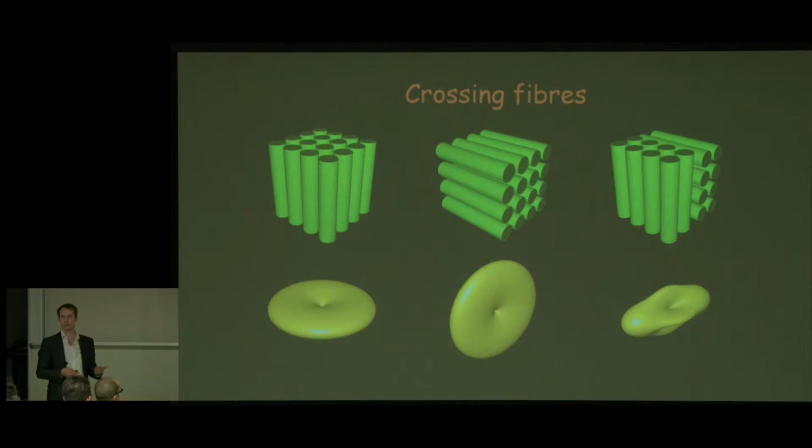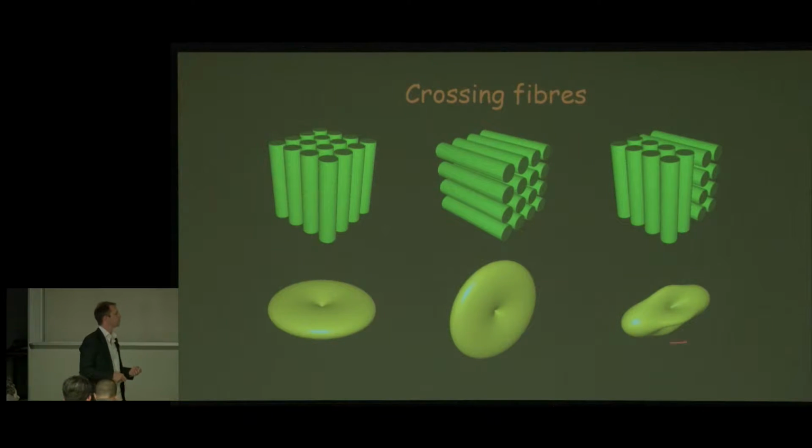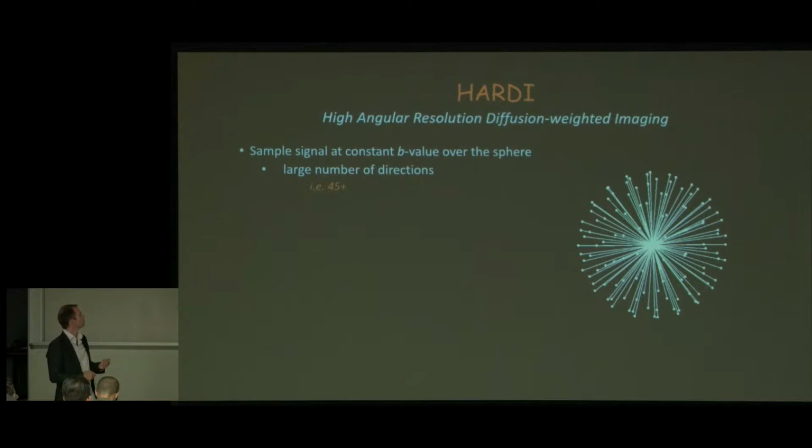That we can use to then recover the fiber orientations. And the way we do that is by first measuring enough signal. To be able to capture the kind of information that we have in the signal, we do need a lot more orientation sampling, much denser sampling than we would for tensor imaging. So that's led to this whole HARDI acquisition methodology, where we sample the signal at constant b-value over the sphere.